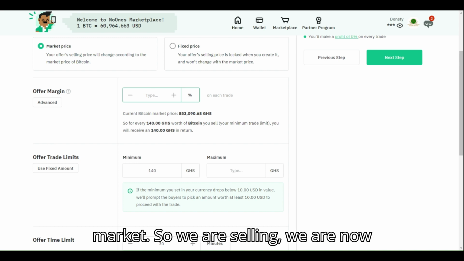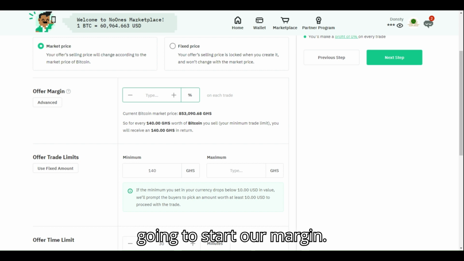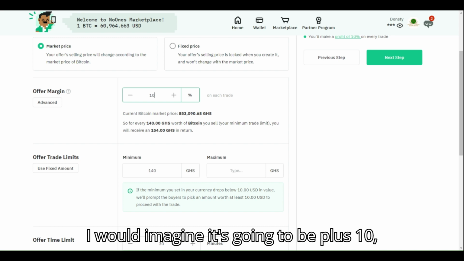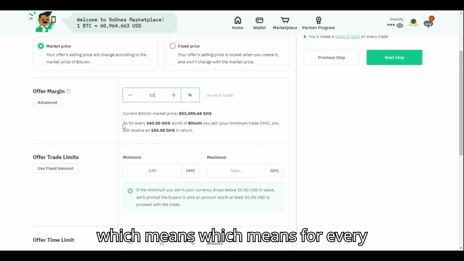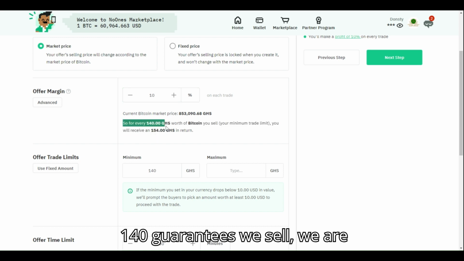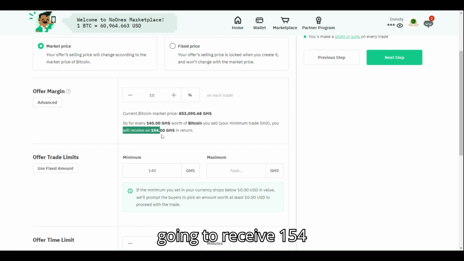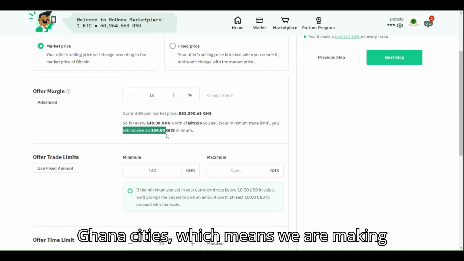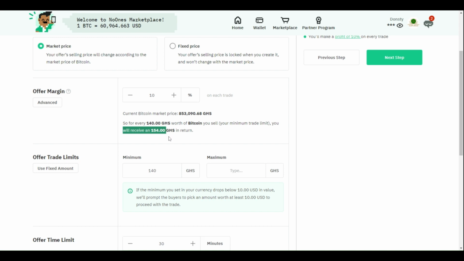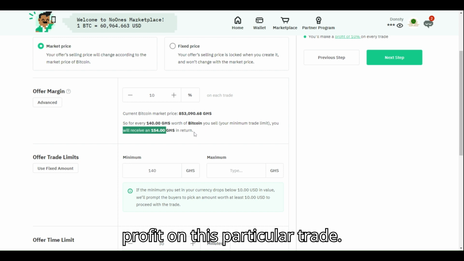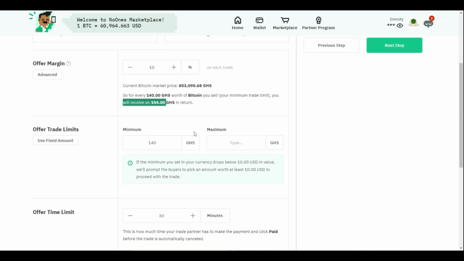So we are selling, we are now going to set our margin. Our margin is going to be plus 10, which means for every 140 Ghana cedis we sell, we are going to receive 154 Ghana cedis, which means we are making at least 14 Ghana cedis profit on this particular trade.